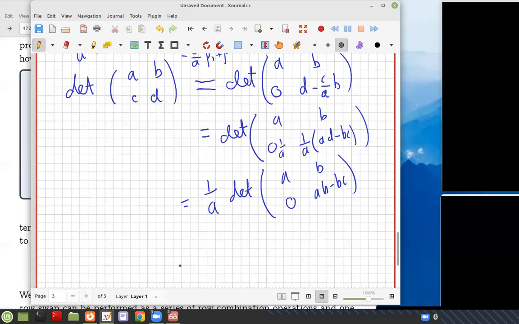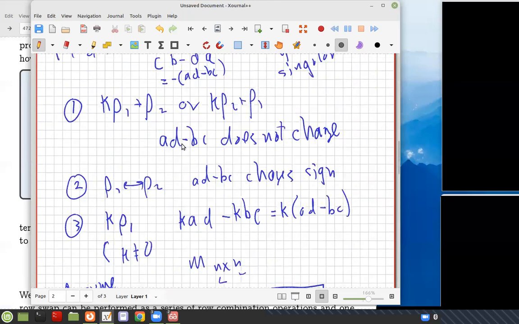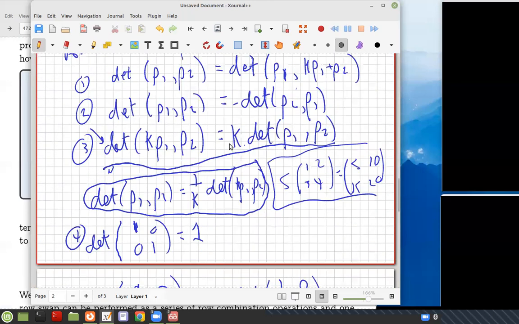Okay, so then I can do a row operation. What I'm trying to do is show that these properties lead to this formula, right?